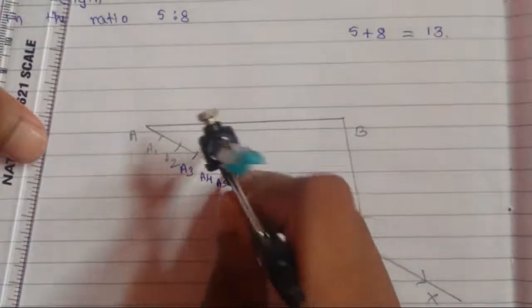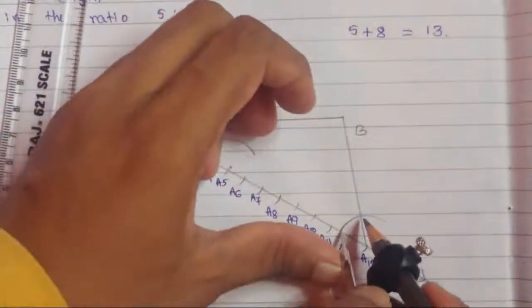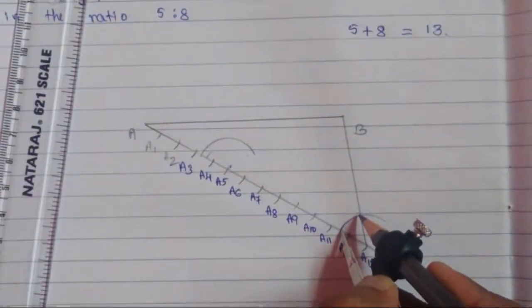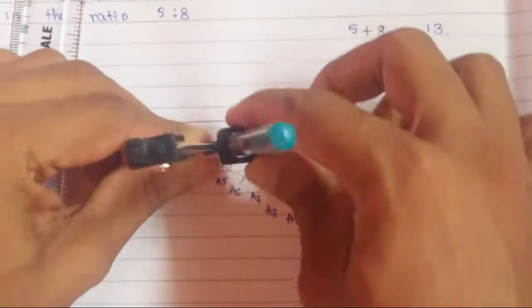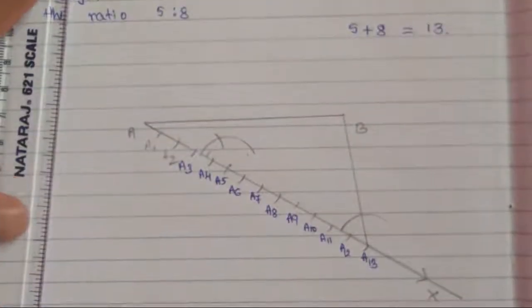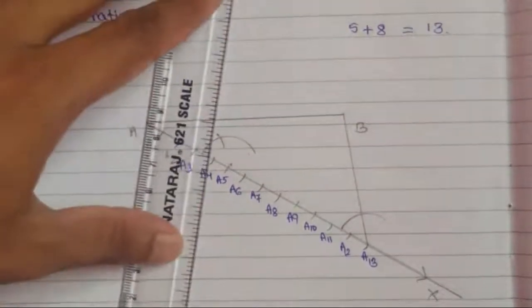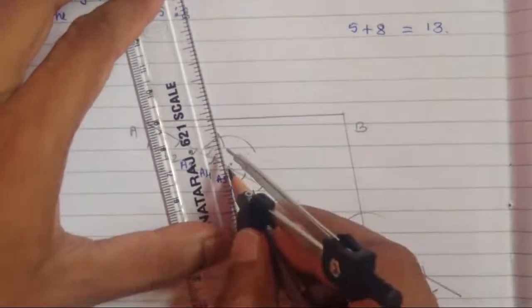Then we take this arc length and cut the same length from this point. After the two arcs intersect, we join A5.